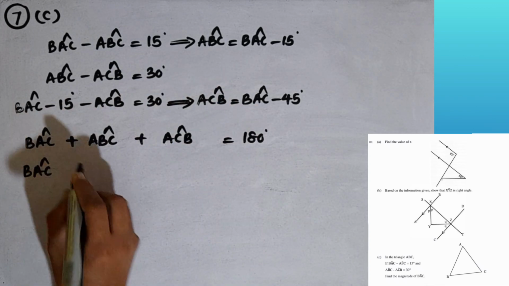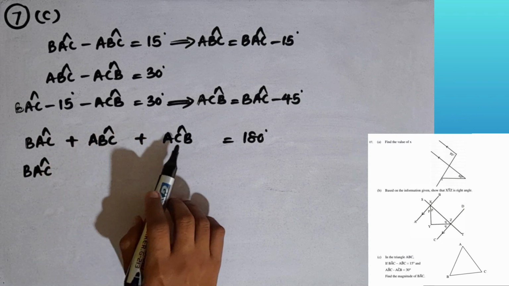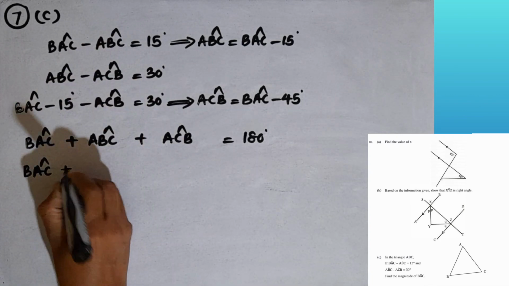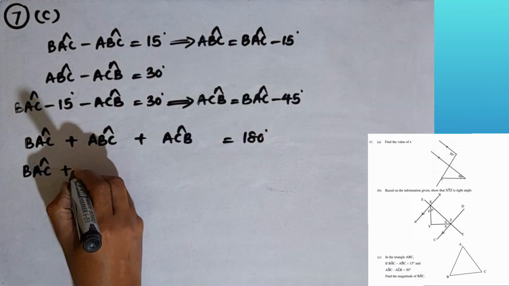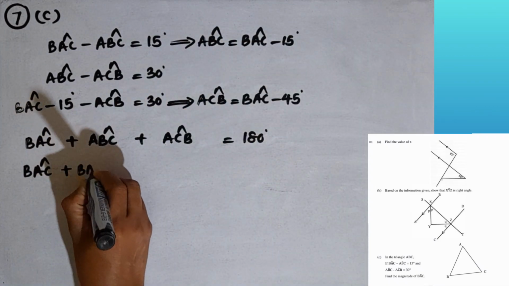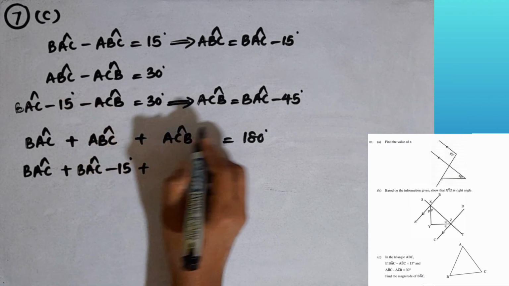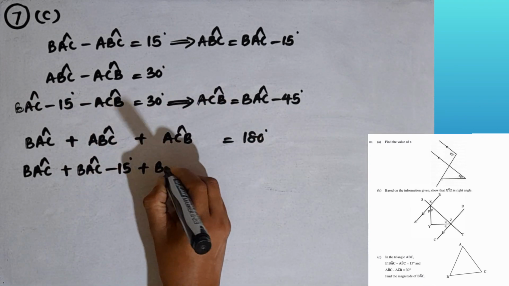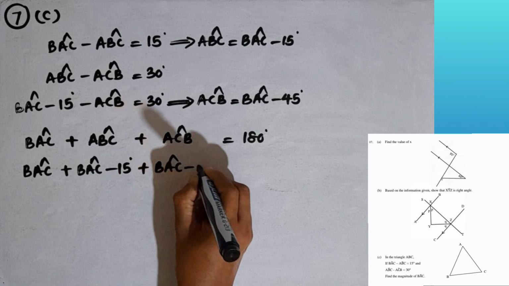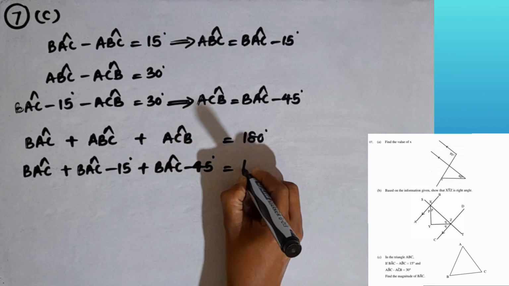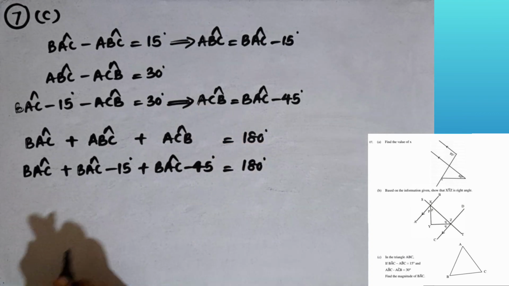Now I am going to substitute for ABC and ACB in terms of BAC. The first one I can substitute BAC minus 15 degrees plus here BAC minus 45 degrees equal to 180 degrees.